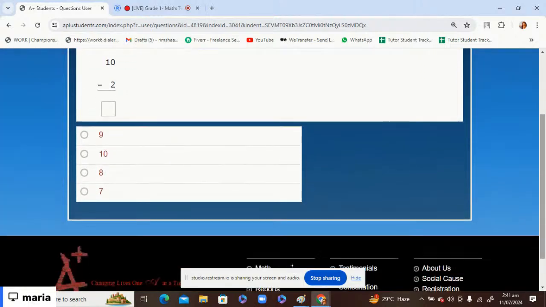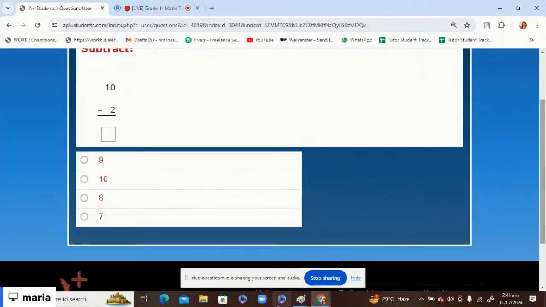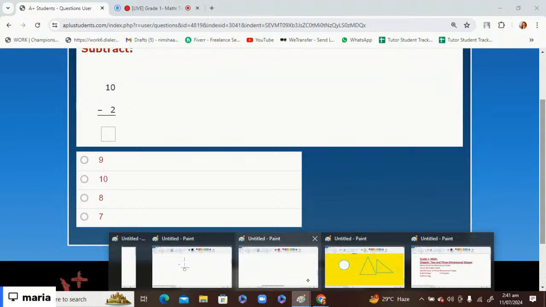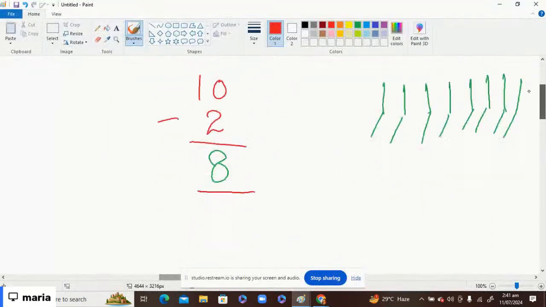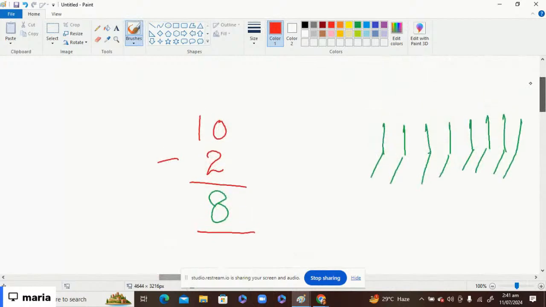Okay, so 10 minus 2, I think we already solved this one. Let me just check. Yeah, look, 10 minus 2 we already solved. First of all, we're going to draw the 10 lines. Look here, we draw the 10 lines. And then how many lines do you remove? You're going to remove two lines from there.